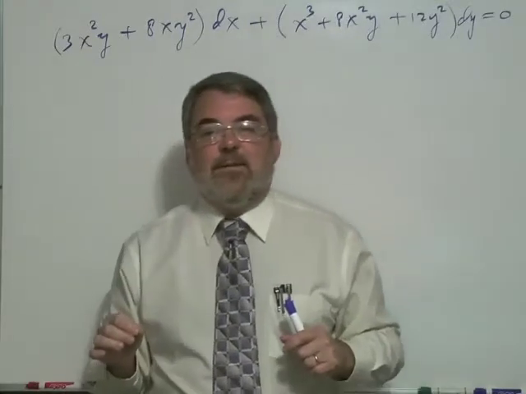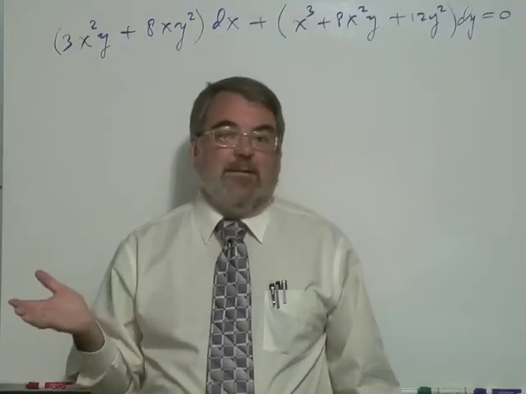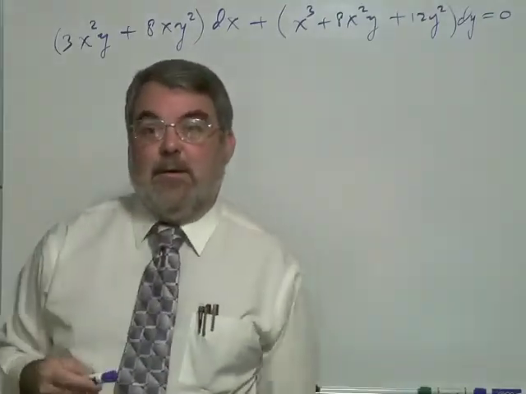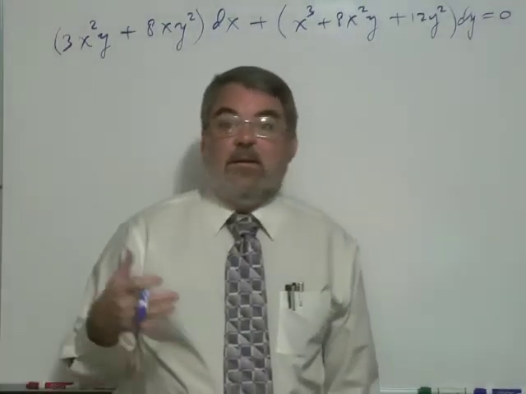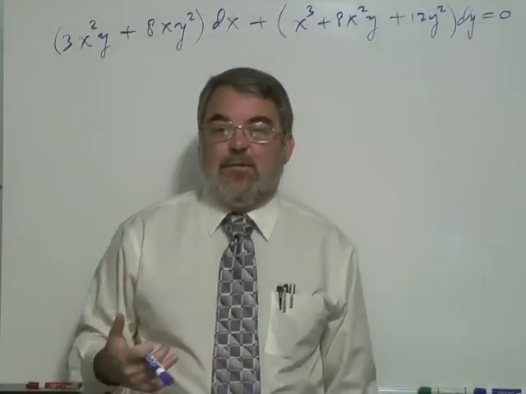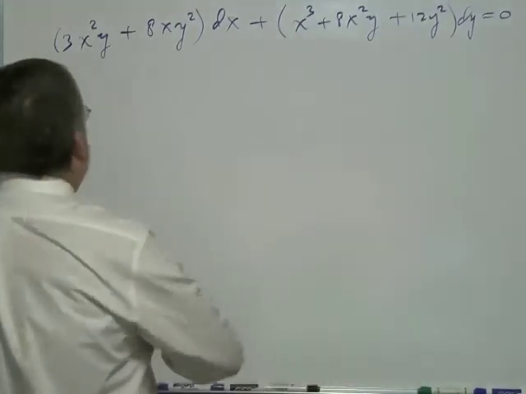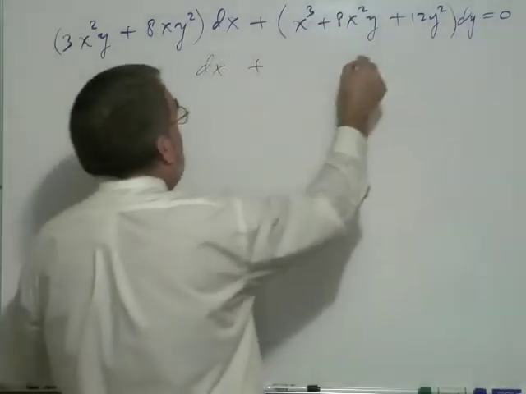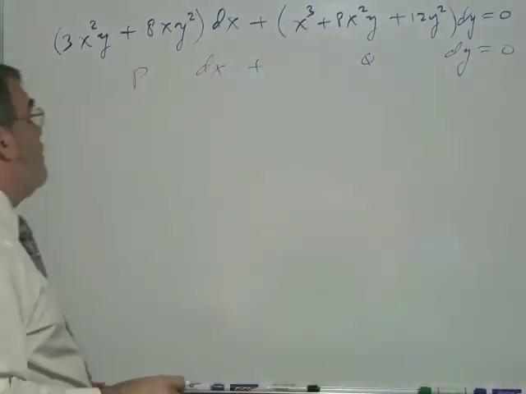And so trying to solve this by using the homogeneous coefficient method is not going to work because we don't have those uniform degrees in those polynomials. So, next question is, does it fit the exact differential equation template? And so this is function p dx plus function q dy equals 0.